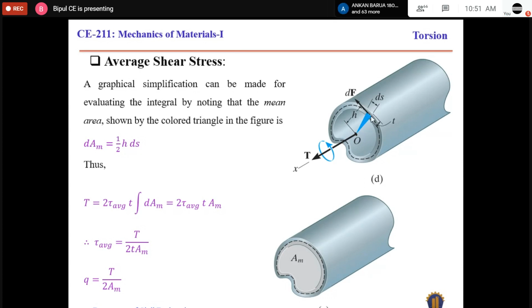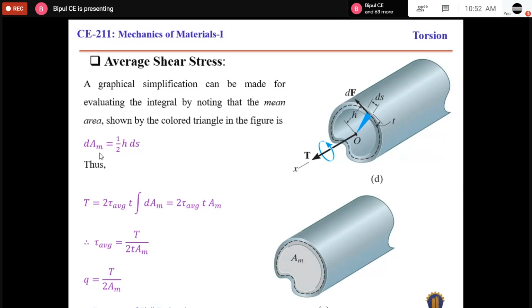So it will be a triangle, and the area of this triangle is known as mean area. As it is very small, the mean area will be designated by dAm. A is area, m for mean, and d for a very small element. So it will be half base times height. Half base is ds, height is h.